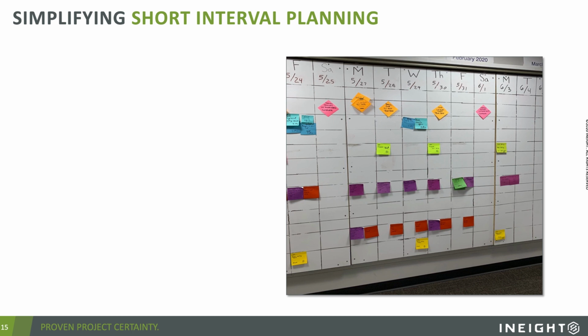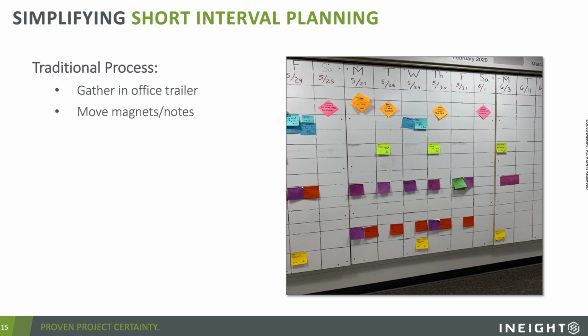And the traditional process that we've done that with, well, typically the field team comes into the office trailer, they get around a whiteboard in a conference room. That whiteboard has sticky notes or magnets on it, and they move those around and they determine where crews are going to be, what equipment is going to be doing, and how many days are needed to do an operation.